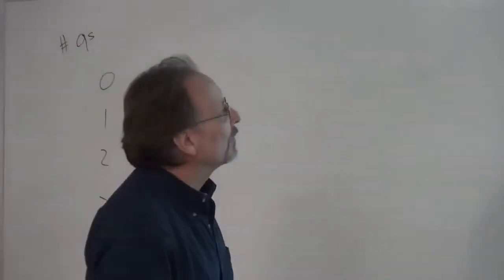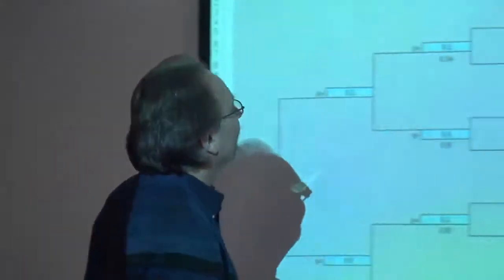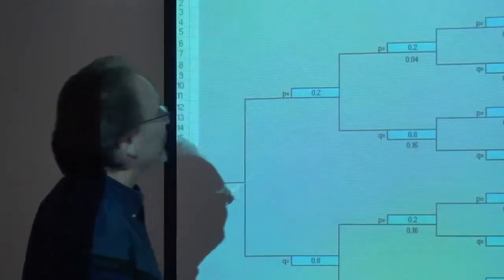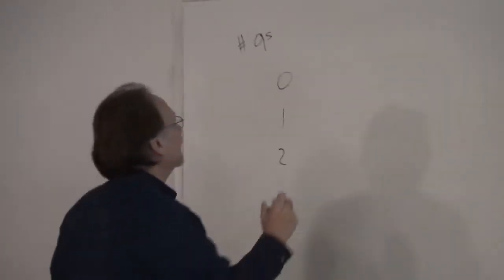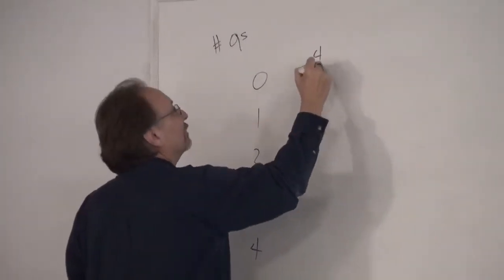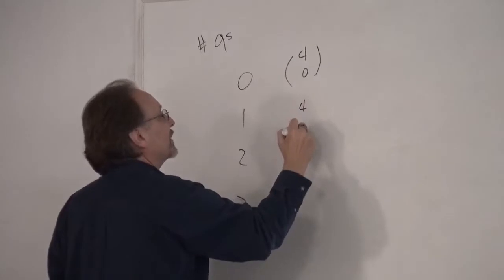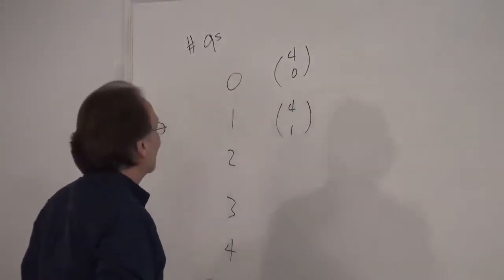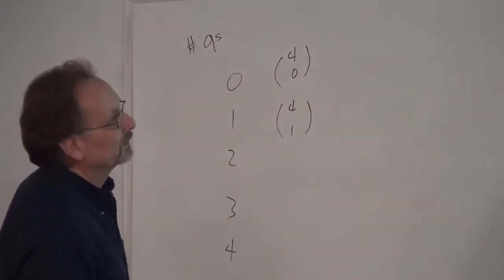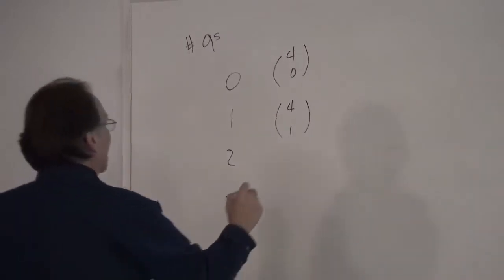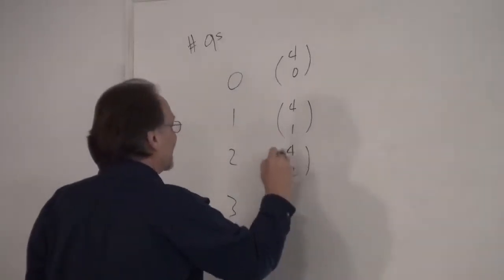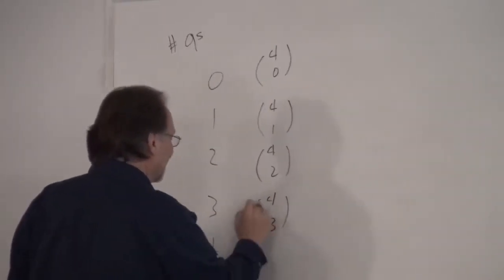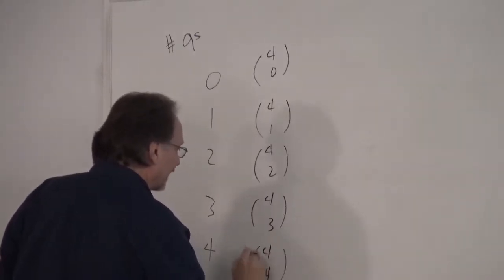So what we end up with then is, we did this 4 times, so it's 4 objects taken 0 at a time, 4 objects taken 1 at a time, and this is 4 objects taken 2 at a time, 4 objects taken 3 at a time, 4 objects taken 4 at a time.